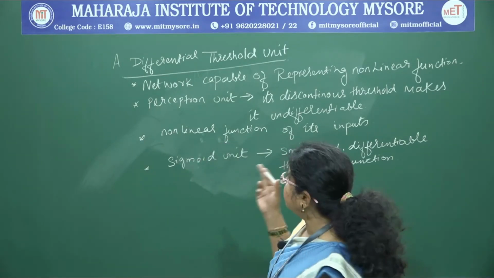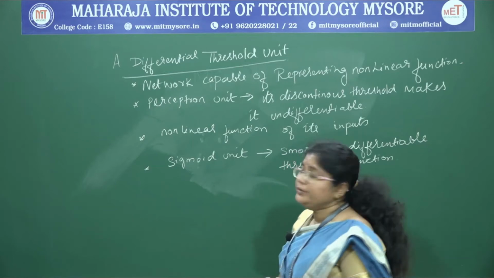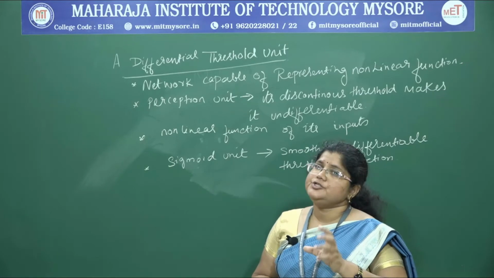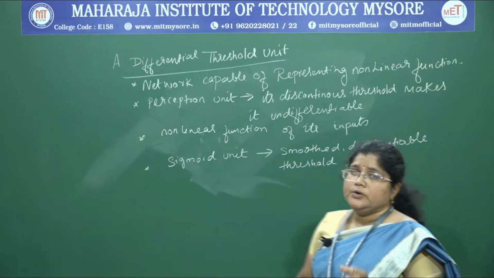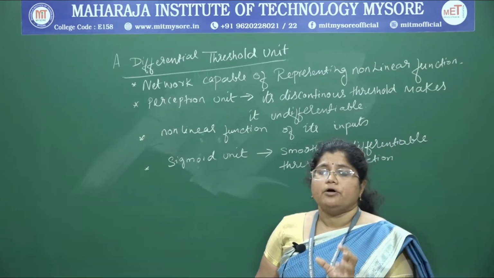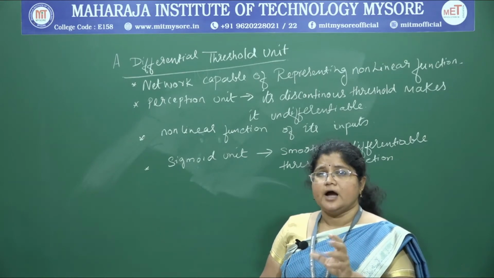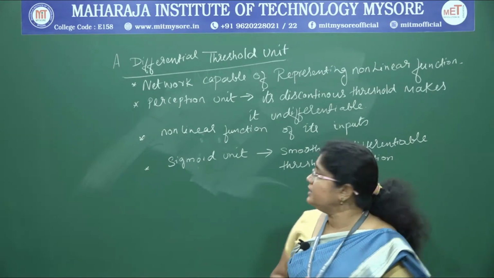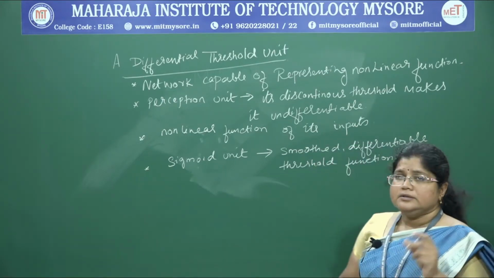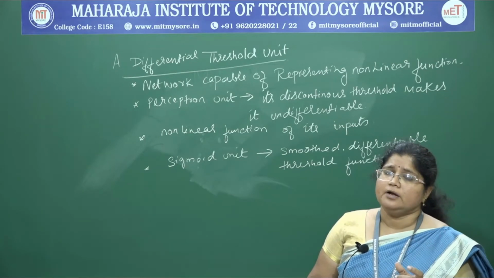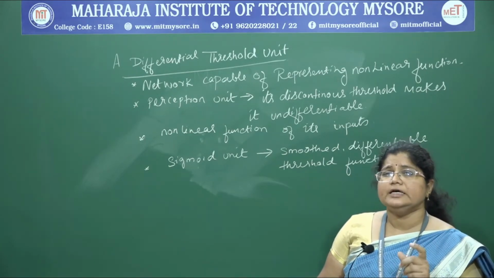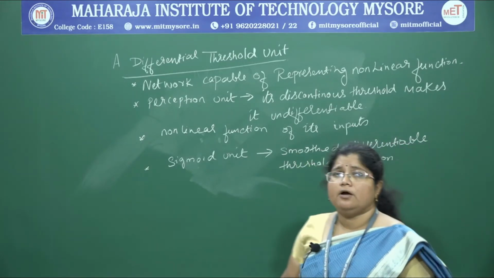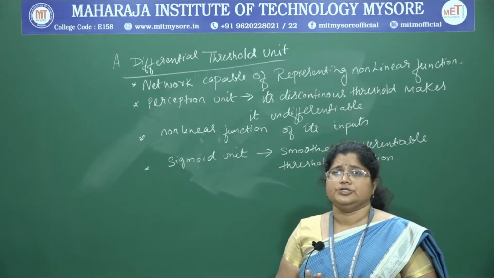Let us look at which unit is required to obtain a non-linear function as an output. That unit is going to provide you a differentiable threshold unit, which provides a non-linear function as an output. A perceptron is capable of providing a linear output function, but the network must be capable of addressing a non-linear function.